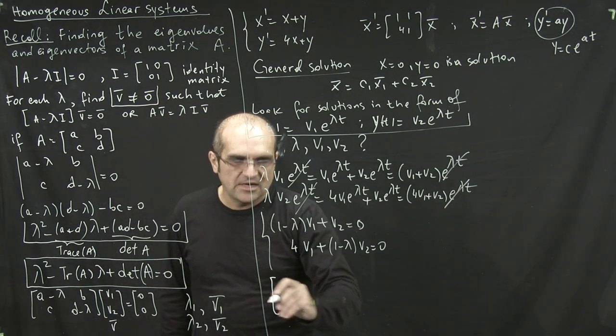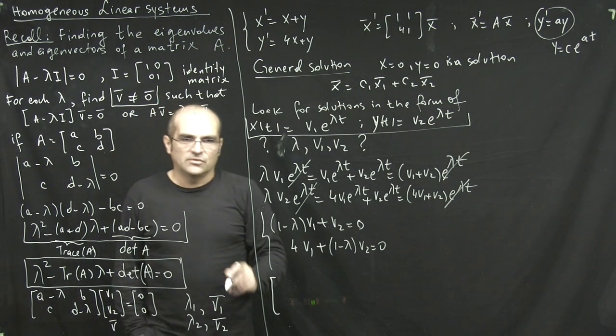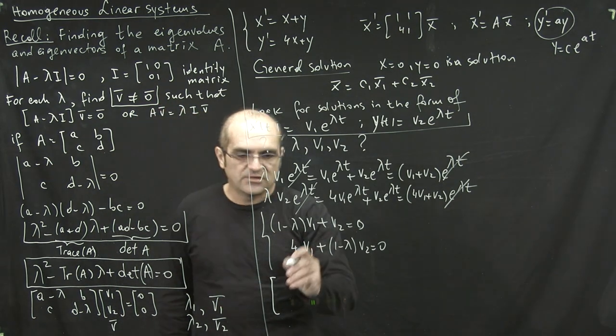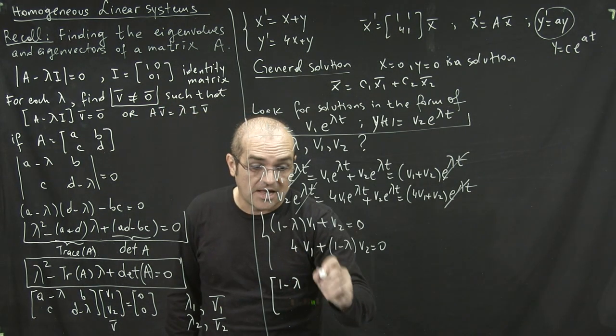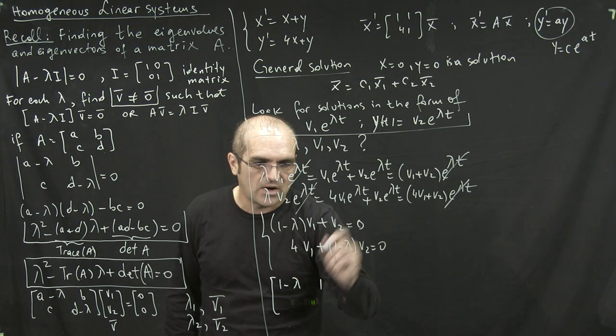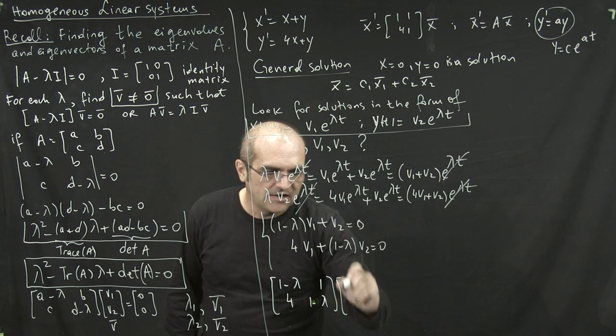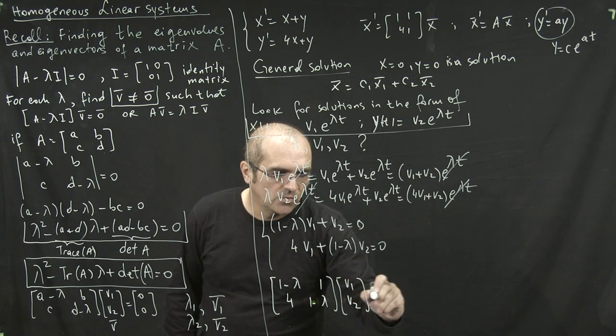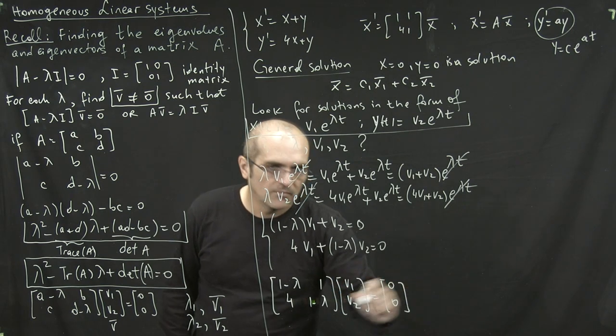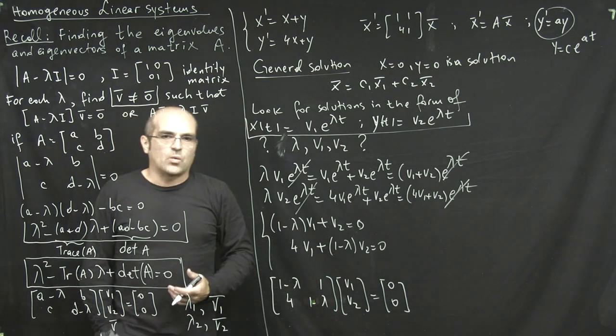So basically, these lambda, v1 and v2 must satisfy the following linear algebra system: 1 minus lambda, 1, 4, 1 minus lambda, and then v1 and v2 with 0, 0 on the right hand side. So this becomes essentially a linear algebra question.